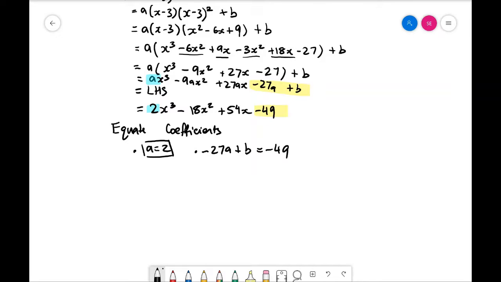Now we know a is equal to 2, so we've got minus 27 times 2 plus b is equal to minus 49. So we get minus 54 plus b is equal to minus 49. So we get b is equal to 5.